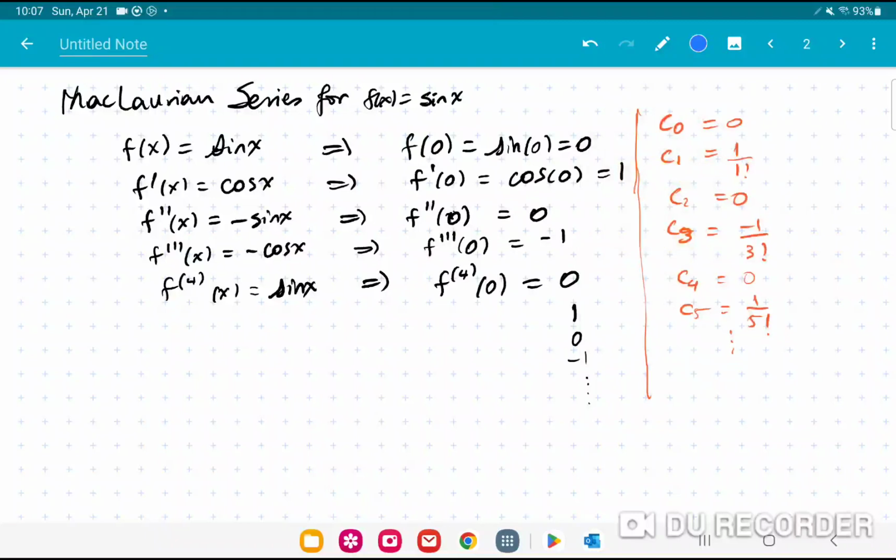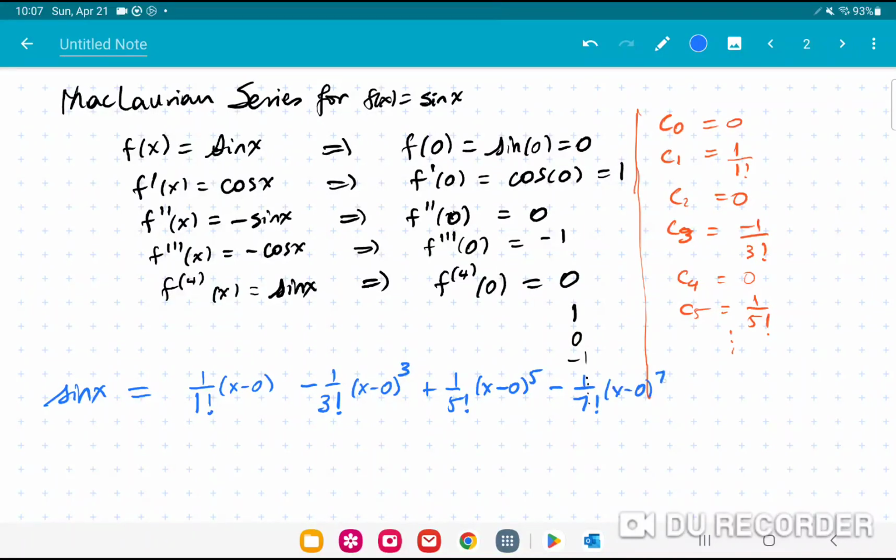So the Taylor series, which will converge to sine x, is now 0 plus 1 over 1 factorial times x minus 0, plus 0, plus minus 1 over 3 factorial x minus 0 cubed, plus 0, plus 1 over 5 factorial x minus 0 to the fifth, minus 1 over 7 factorial x minus 0 to the 7, and so forth, which is 1 over 1 factorial x to the first, minus 1 over 3 factorial x to the third, plus 1 over 5 factorial x to the fifth, minus 1 over 7 factorial x to the seventh, plus, and so forth.